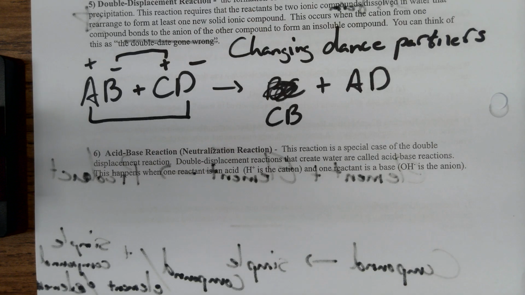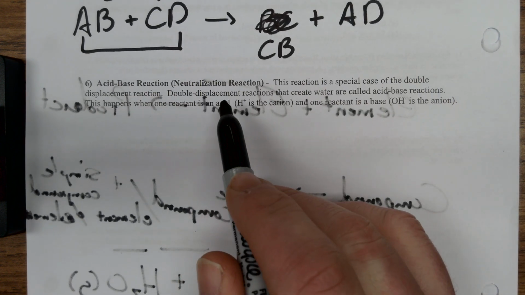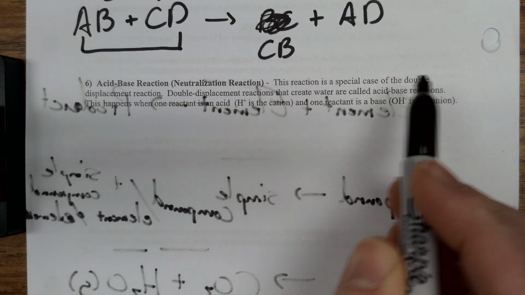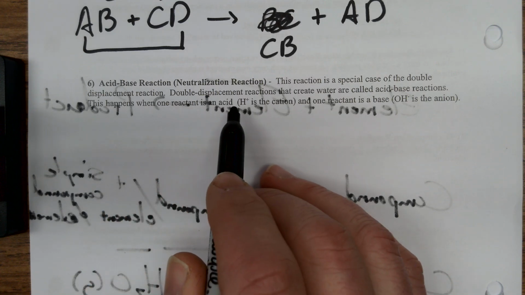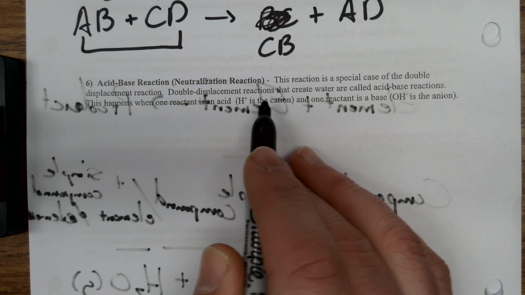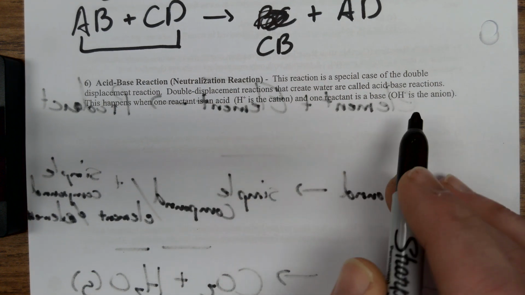The majority of the reactions that we see on a regular basis tend to be double replacement reactions. Double replacement reactions that create water are called acid-base reactions. These happen when one reactant is an acid, which has an H for a cation, and the other reactant is a base that has a hydroxide unit as an anion.